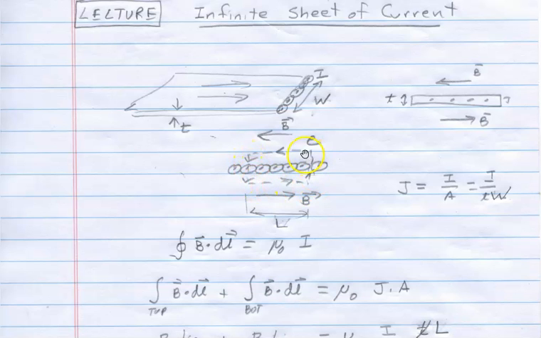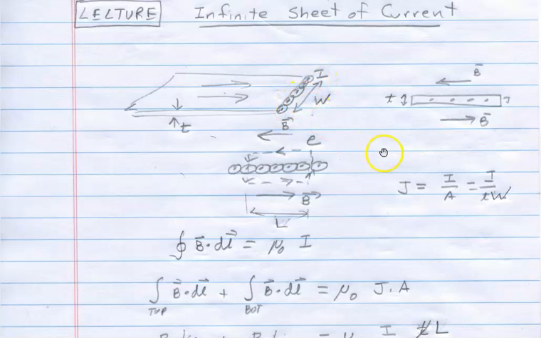The curve C is perpendicular to the plane of this sheet of current. And I'll say we have a total length L for this side here. Not the total width. The width would be from here to here, but only part of it. And I can get the current density for this whole sheet.